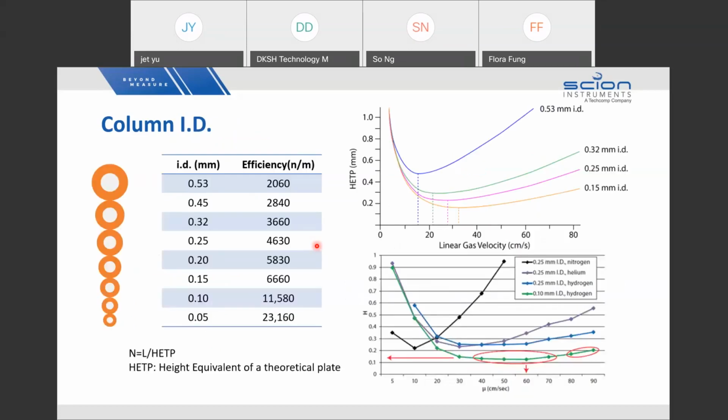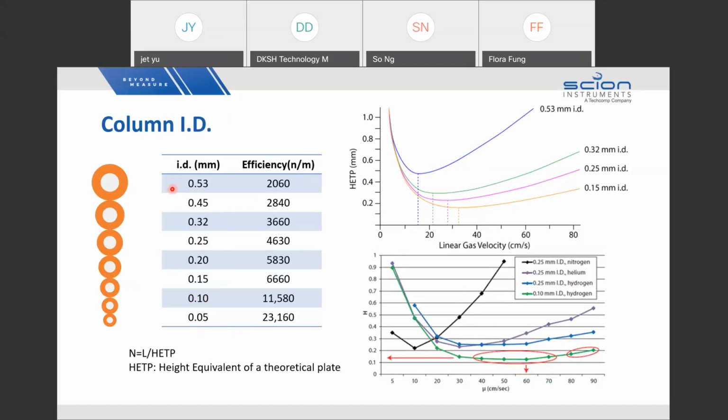Column ID. So look at this. I think the most common ones are 0.53, 0.32, and 0.25. Coming to the narrow one, 0.1. These are a couple of column IDs available for users to choose. So look at the efficiencies. The N, the theoretical plate number, the higher the better, because this is about the separation efficiency.